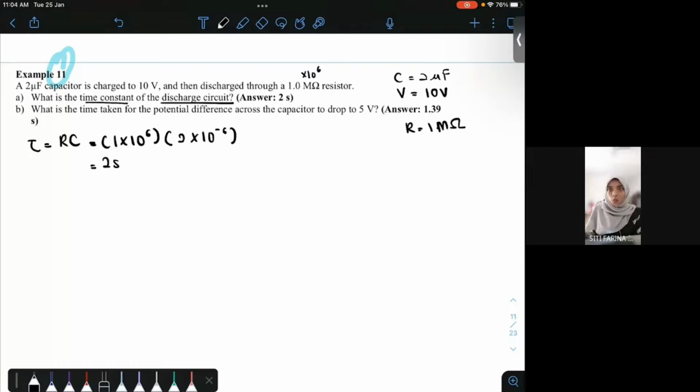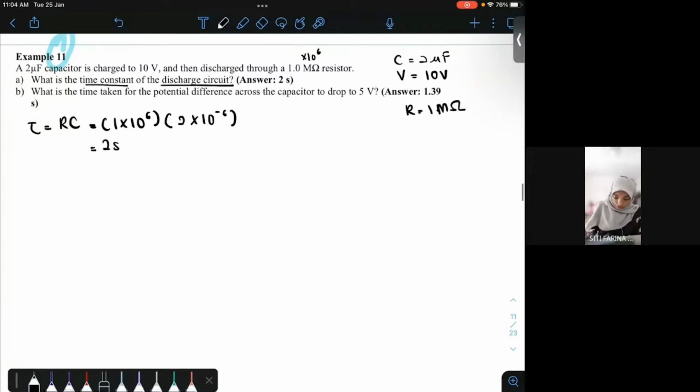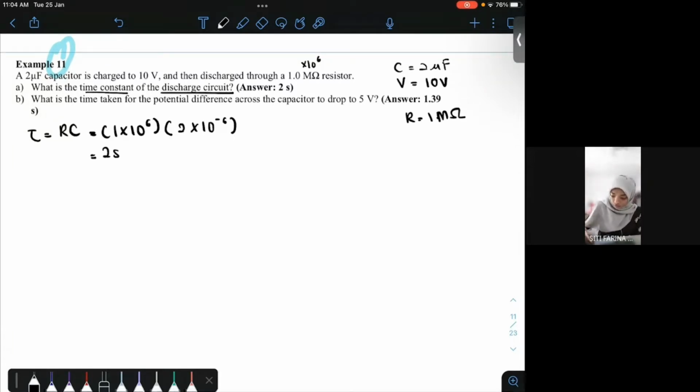Next, what is the time taken for the potential difference across the capacitor to drop to 5 volt? Okay, so now what we have in the circuit, initially you had resistor, capacitor, battery. Okay, kita charge.